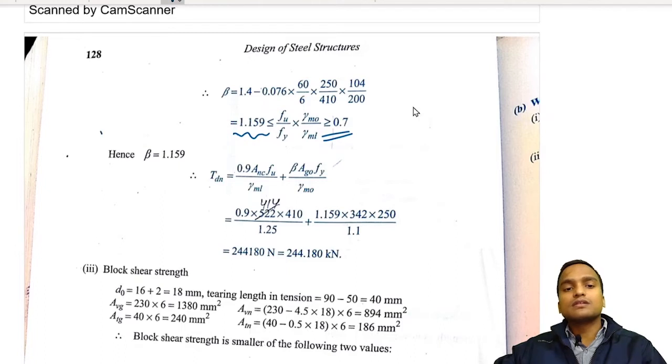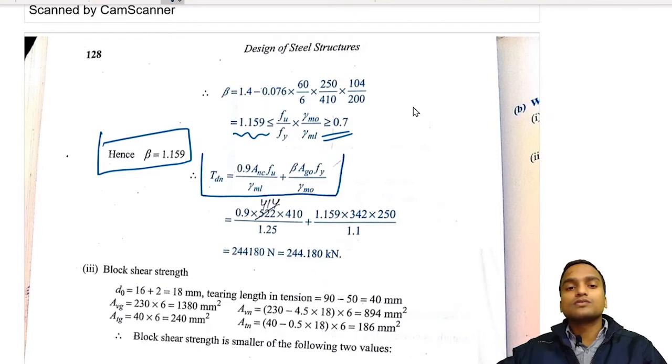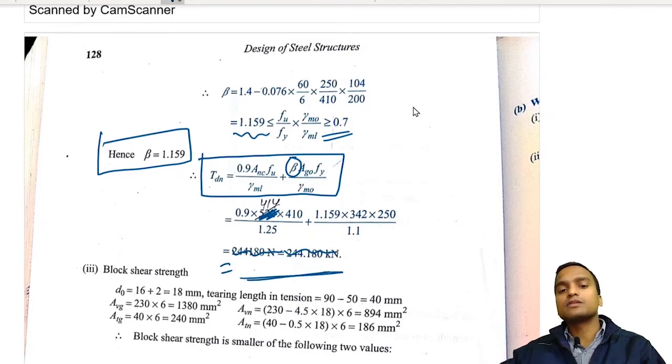So using this value of beta in the formula of TDN, okay, TDN incorporates the use of beta here, and this is what we have calculated, ANC and AGO. These two values of area we have directly put here, then we have done the calculation, and you can calculate the corrected values as per the calculation. This is what you can do.